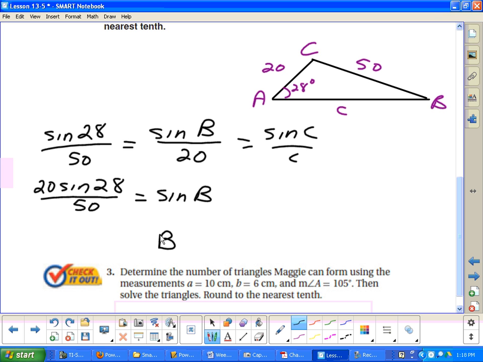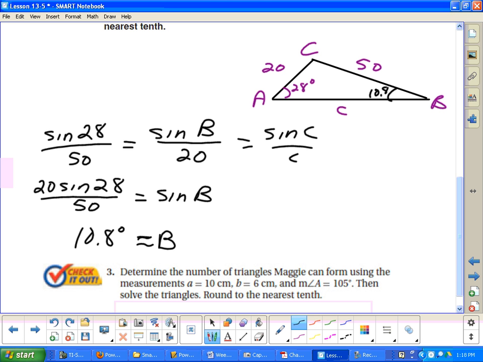So angle B is approximately 10.8 degrees. If we know the angle, we use sine, cosine, or tangent. If we're trying to find the angle, we have to do the inverse.